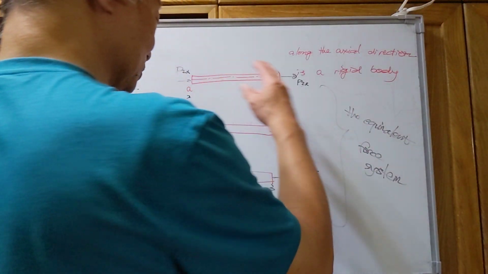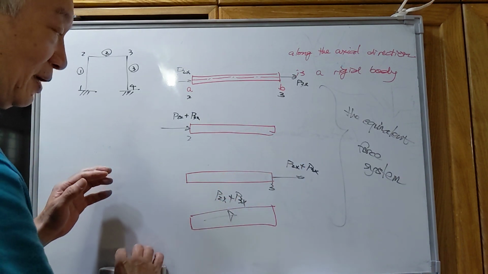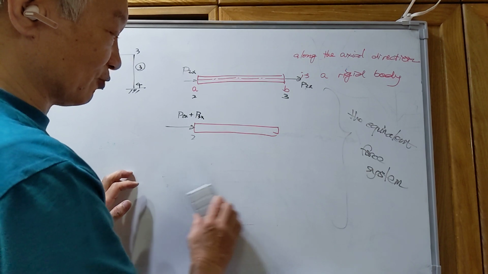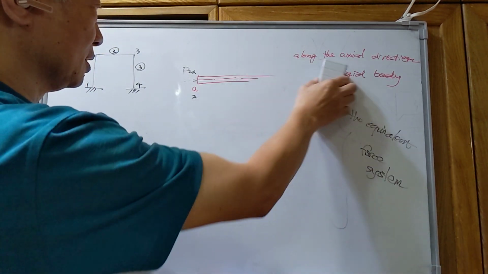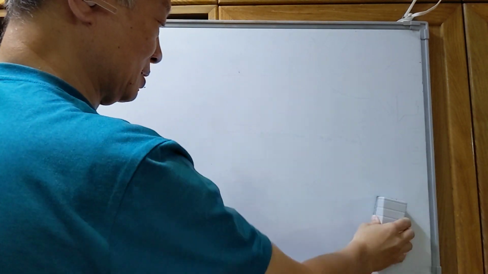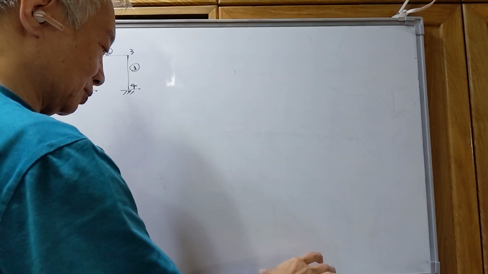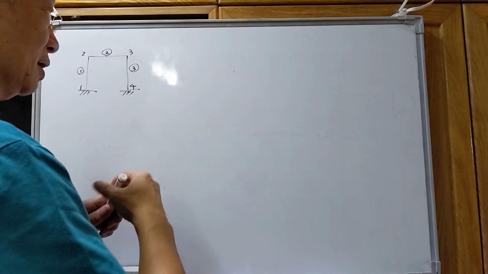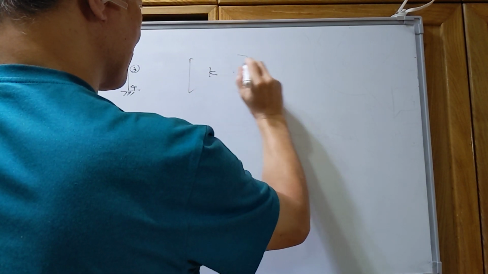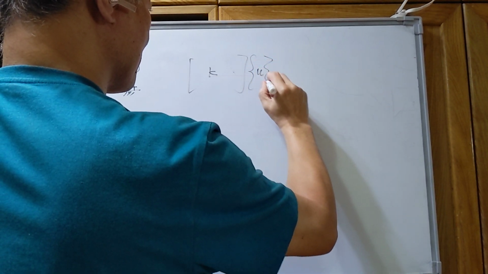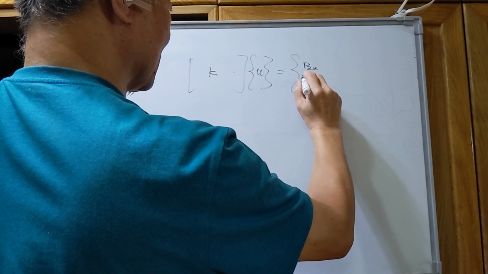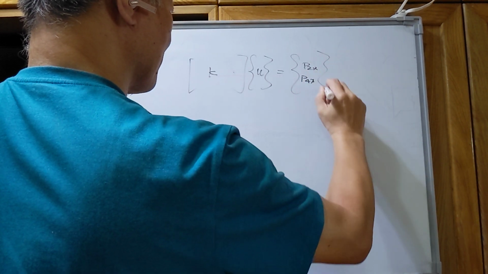Okay, so if you remember the concept about the equivalent force system, then you can say for the original structure, the global stiffness matrix, originally we have P2x, P4x.